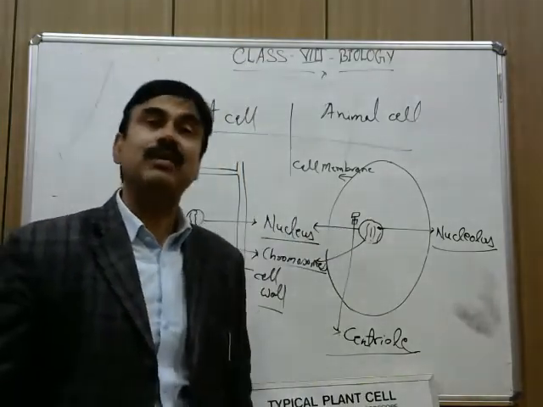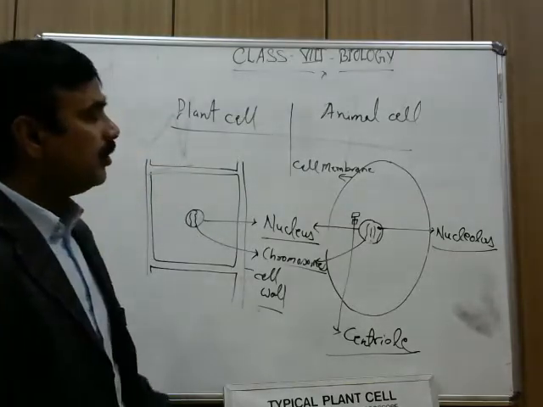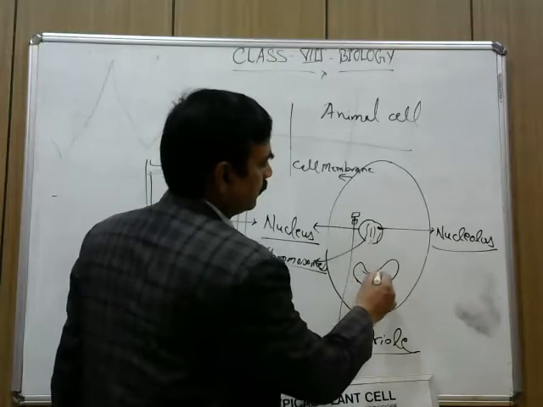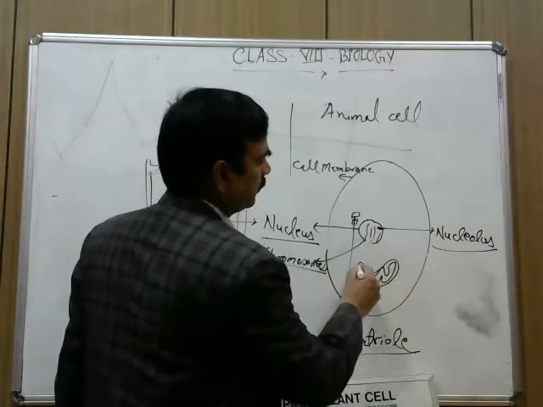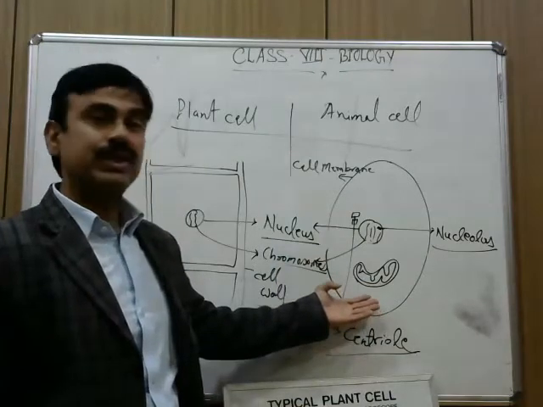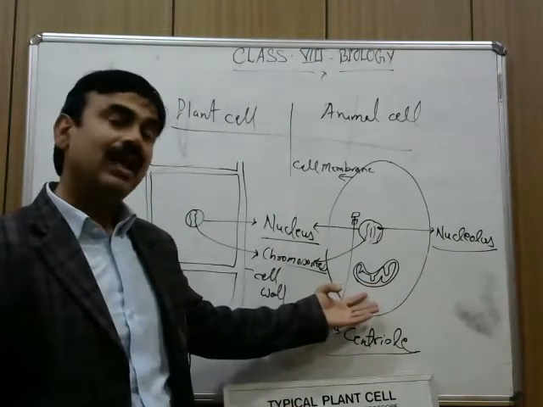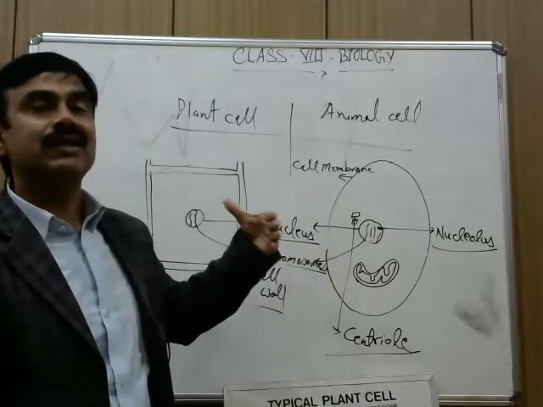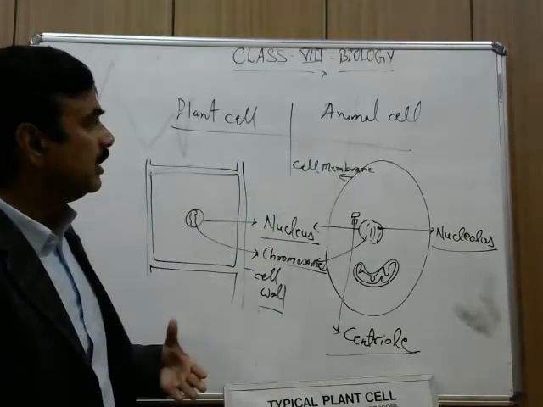You will have to remember that. Now, the mitochondria: rod-shaped structure, known as the powerhouse of the cell, and it gives the energy in the form of ATP. That is why it is known as the powerhouse of the cell, right?